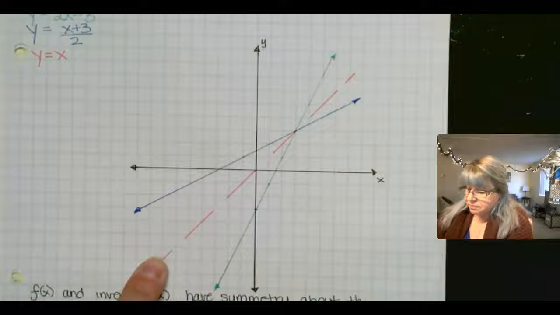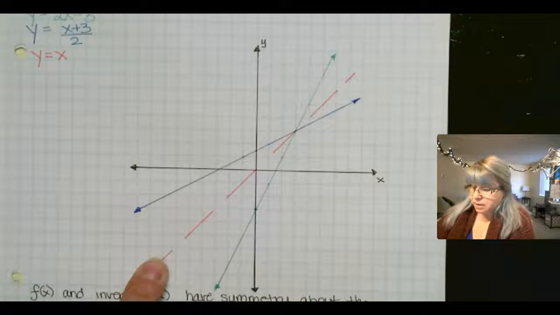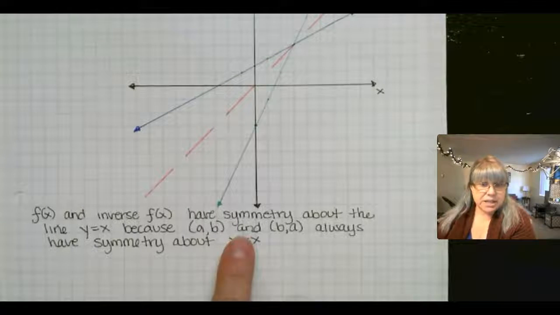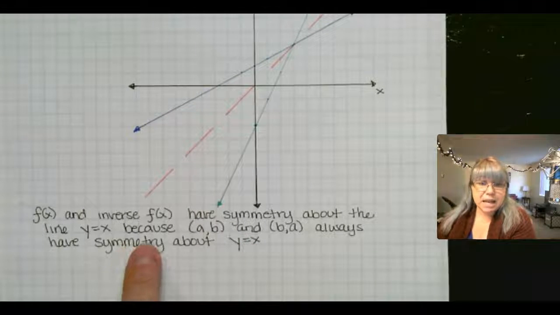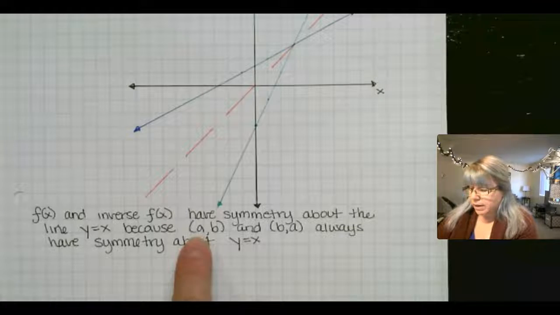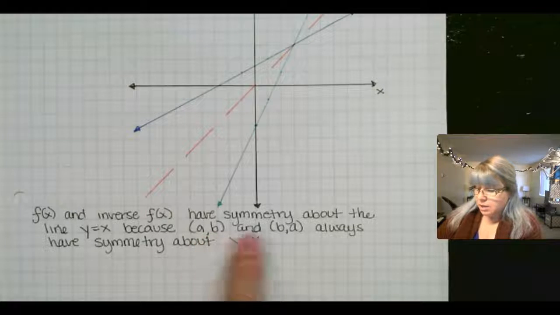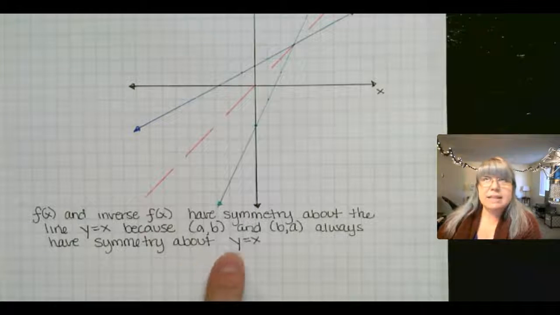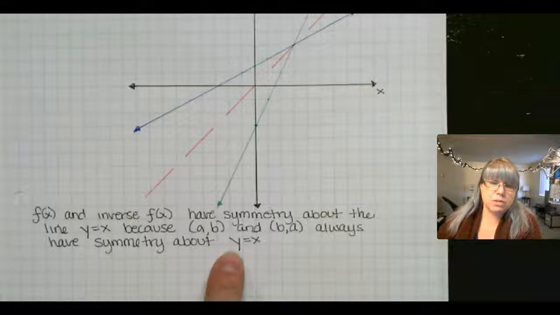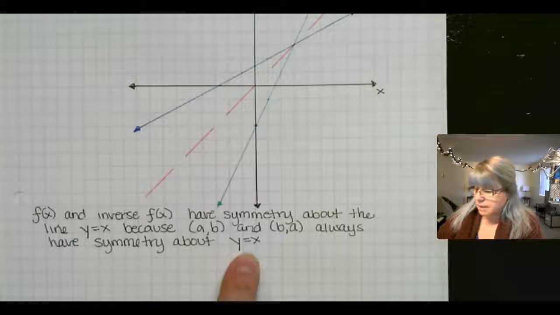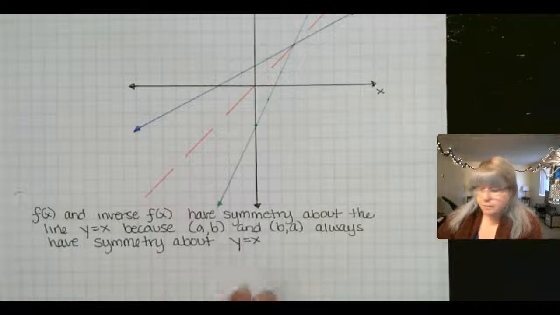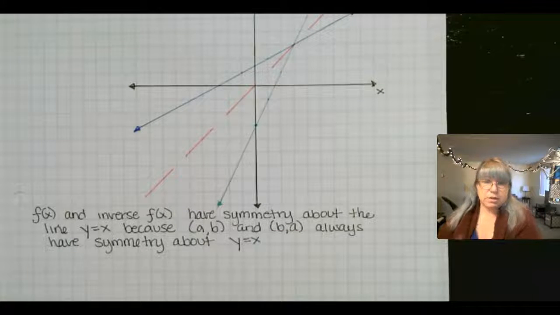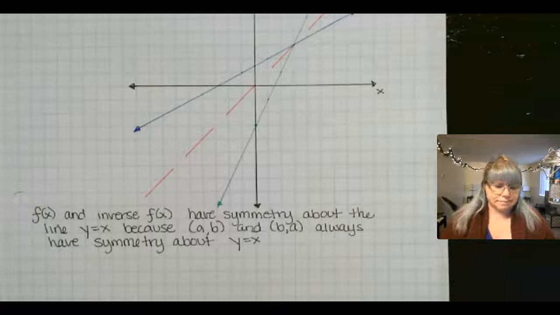They have symmetry about y equals x because if I have a point (a, b), then (b, a) always has symmetry around y equals x. Because we're just flipping. If I have (0, 1), I have (1, 0). I'm always over that line.